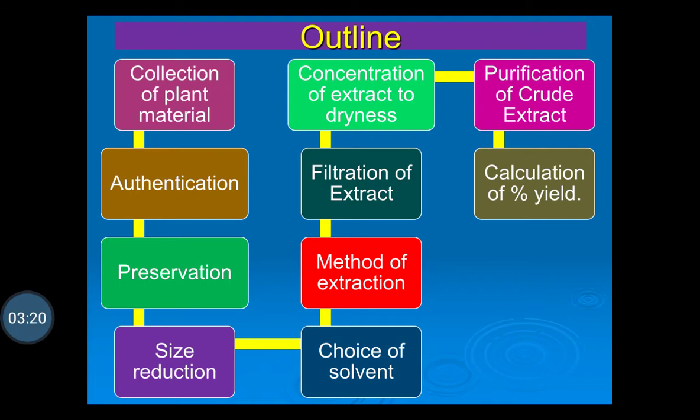So before going for the extraction, the outline for the extraction is, first of all, you have to collect the plant material. You have to procure the plant material, and then the authentication is to be done. The authentication of the plant material is most important, because if the plant is not authenticated, whatever efforts are taken for the extraction process will go in vain.